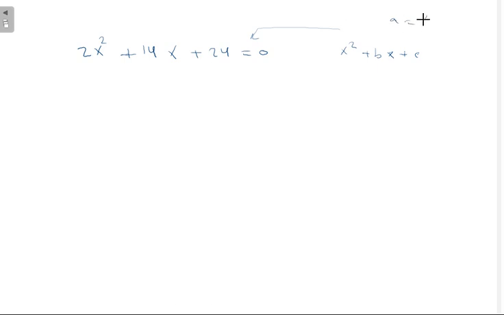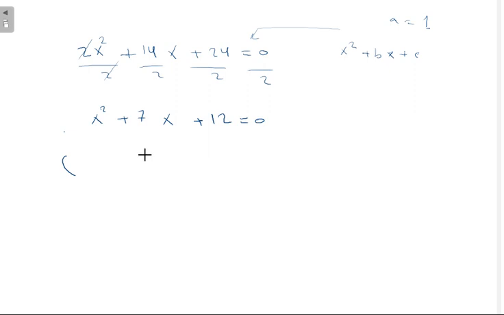It's easier in order to find out the constants. So I can here divide over 2 both sides of the equation. I will eliminate this coefficient, so I will have x squared plus 7x plus 12 equals to 0.